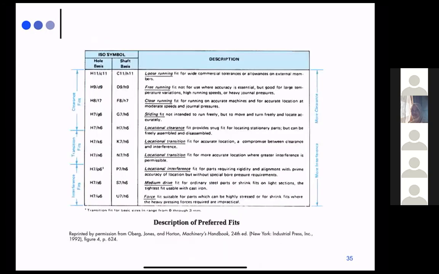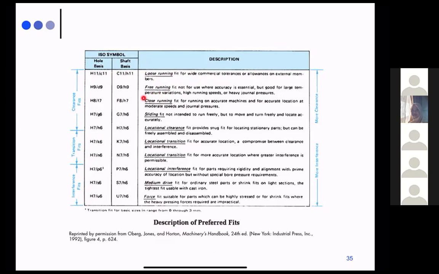Okay, so this is an example of an ISO symbol in a hole basis or the shaft basis, and it tells you which one is the clearance fit, the transition fit, and the interference fit. For example, this one, H11 and C11, is called the loose running fit, which is for commercial tolerance or allowance for external members.